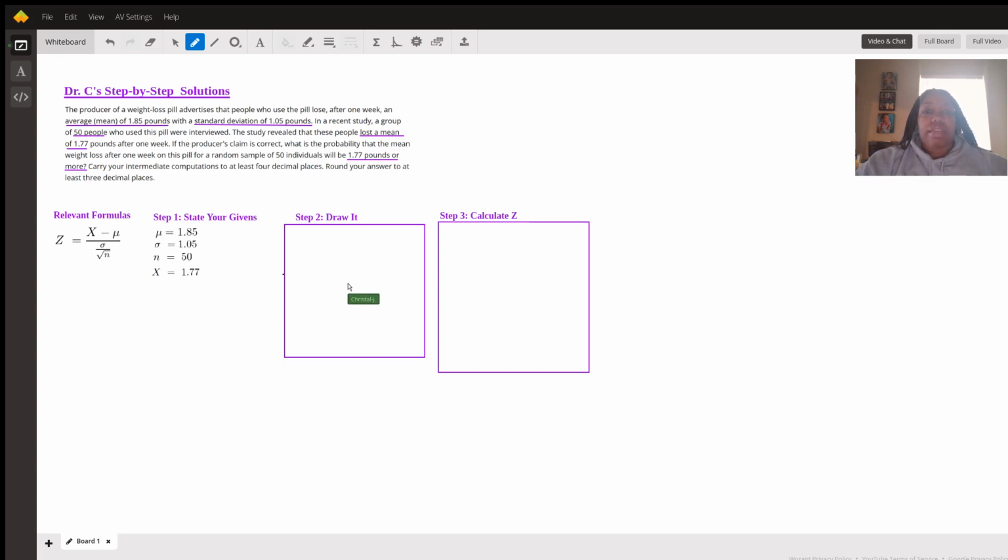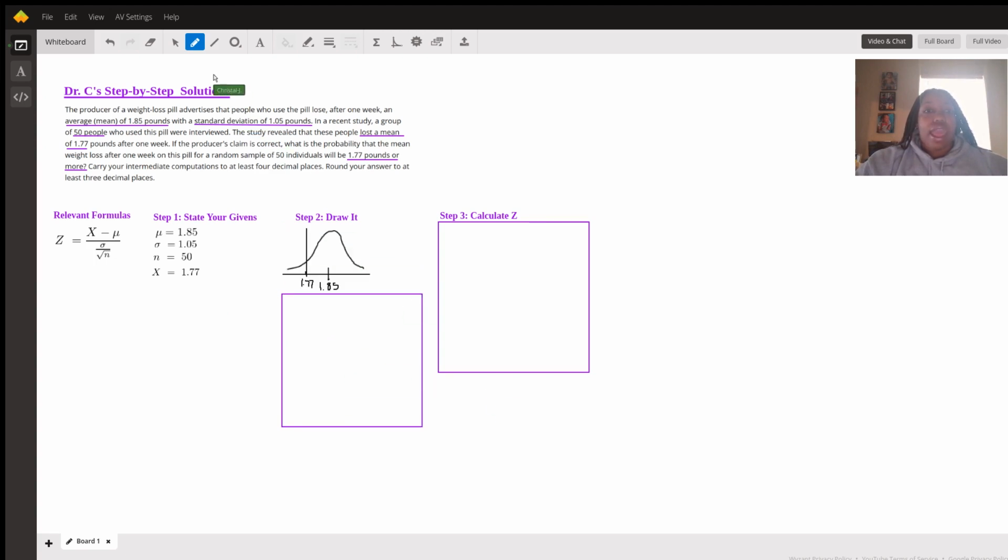My next advice is to always draw it out. We're going to use the z-table for this, and it always gives us the area to the left. So the area to the left of 1.77 is what we will be looking for. We put a little g here for given.